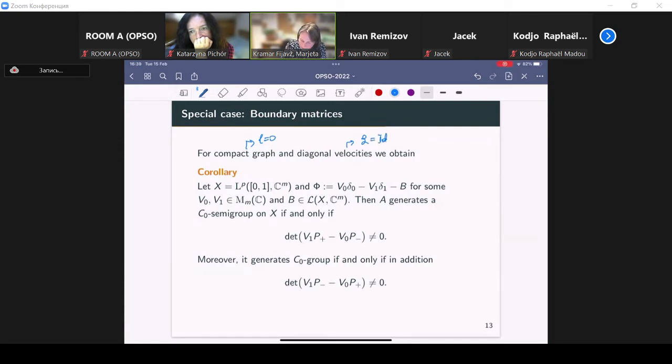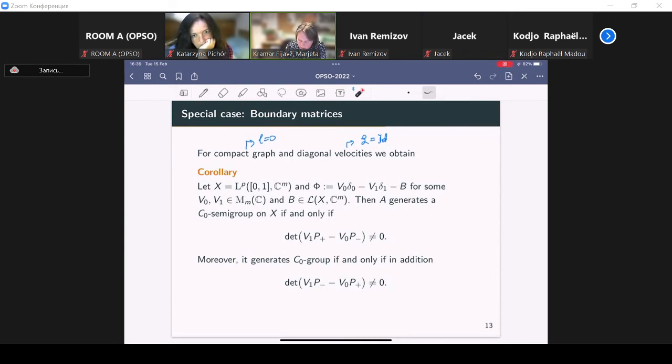And then the same result as before, but now it is a little bit easier because we only have the internal part. So I don't even write this I anymore. So I only have this. And it is also easier because now I have square matrices. And if I have square matrices, I can talk about the determinant.